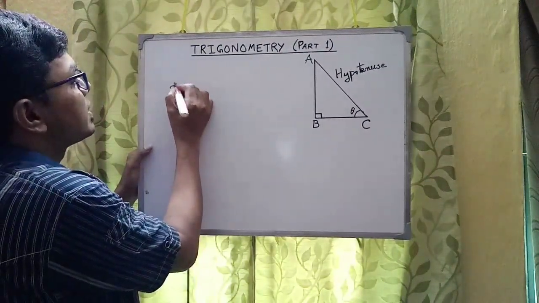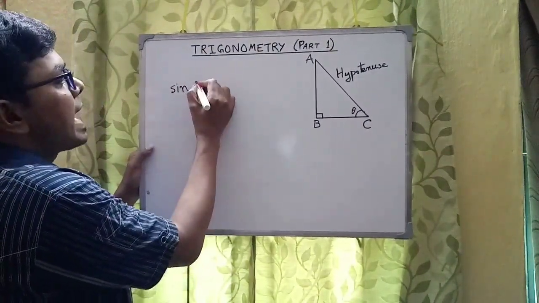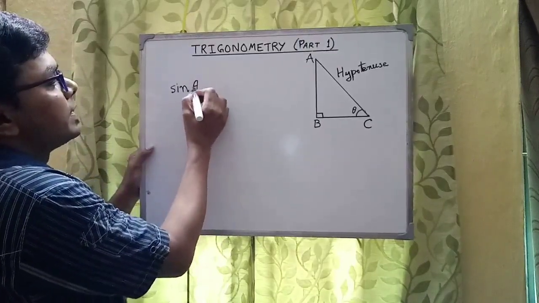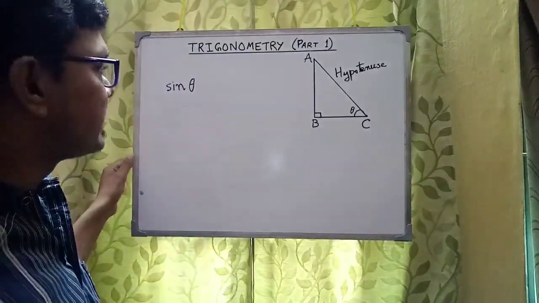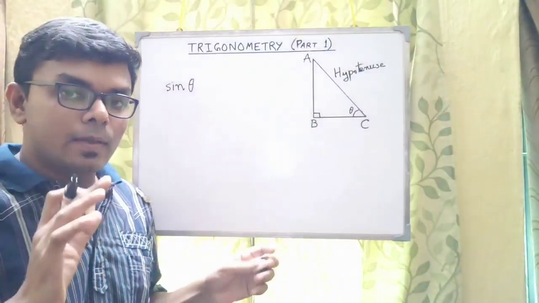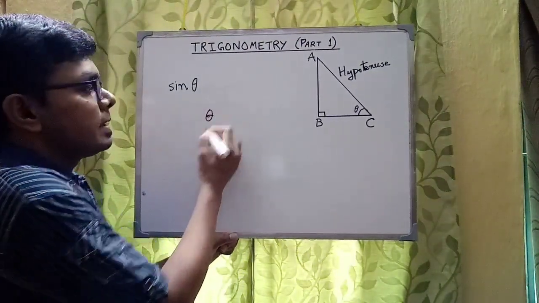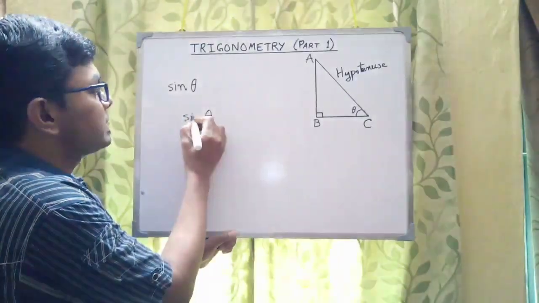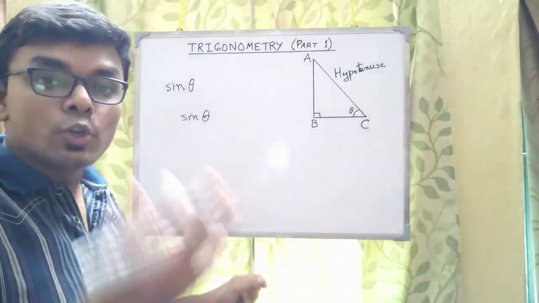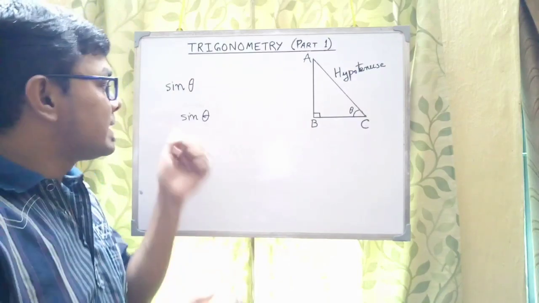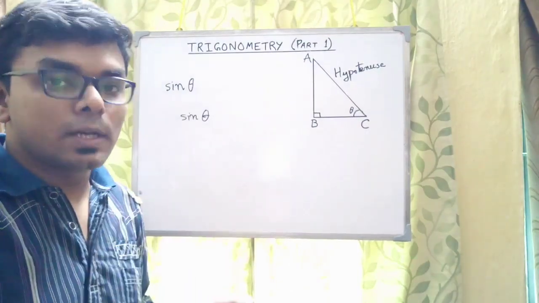Now this ratio sine, and I'm taking this theta. When I write sine theta like this, it is actually meaning that theta is an angle and sine theta is a ratio, or in other words, sine theta is a function of theta.